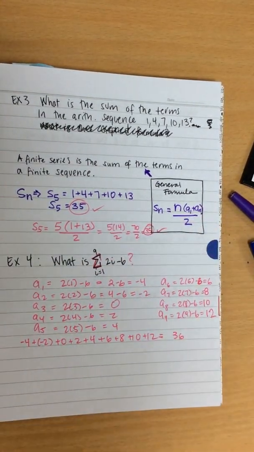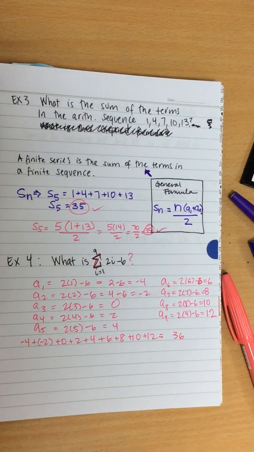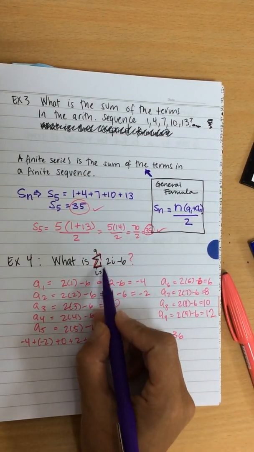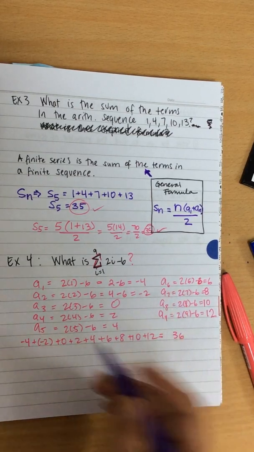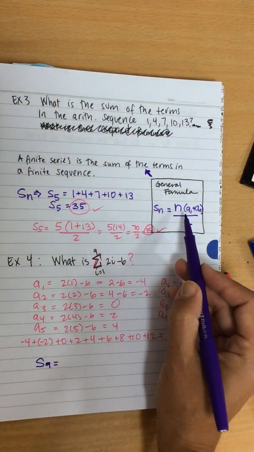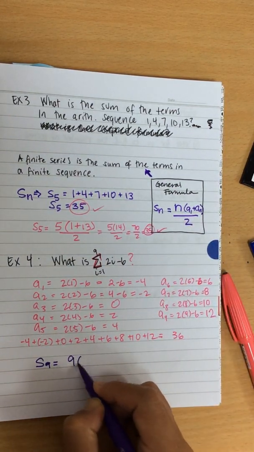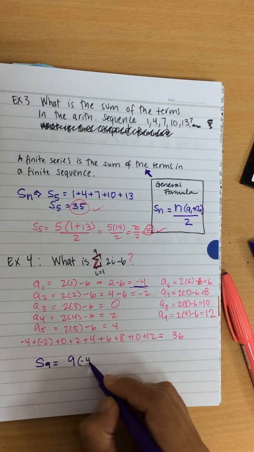How could I use this general formula to figure it out? Well, I could have said, I know 1 through 9 is going to be 1, 2, 3, 4, 5, 6, 7, 8, 9 terms, right? So S sub 9 equals, let's use this formula here, 9 terms. My first term, if I could have just done this part, would have been negative 4.